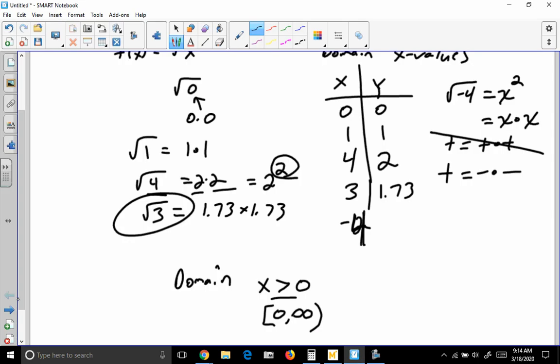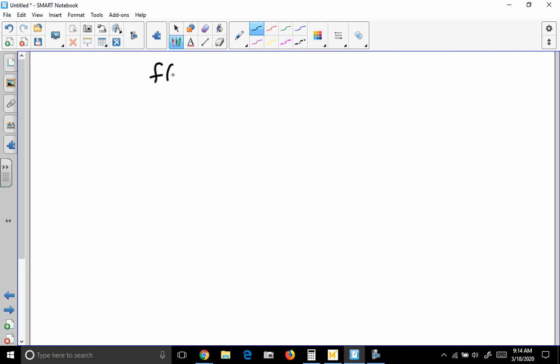Now the next question asks us for the domain of the cube root of x. And since a cube root means what number times itself three times makes whatever is underneath.